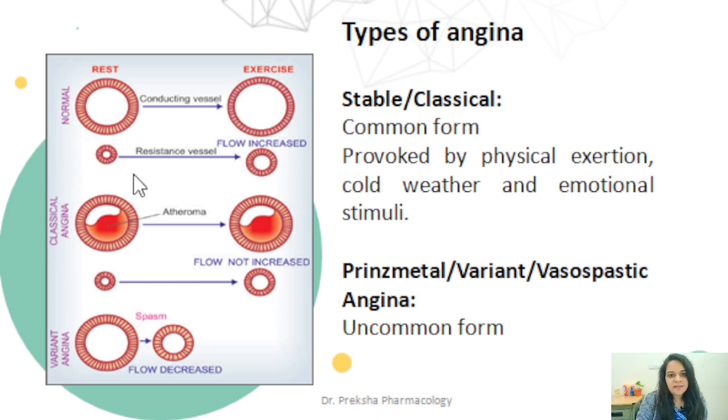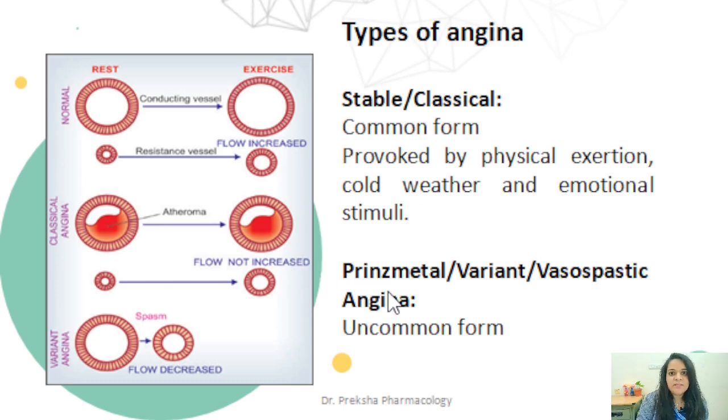You can see in this figure that during rest the conducting vessels are normal, while during exercise the conducting vessel diameter increases to meet the blood flow and oxygen demand of the heart. During stable angina, the flow cannot be increased because there is a fixed obstruction in the coronary vessels. So the flow will not increase.